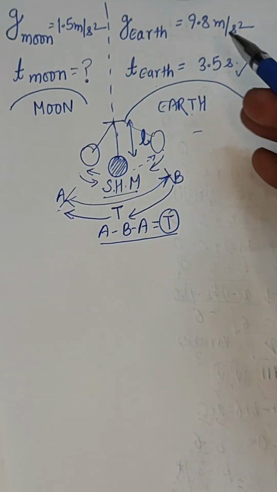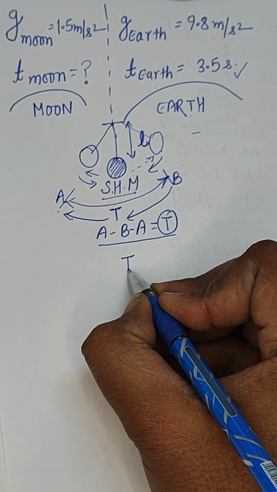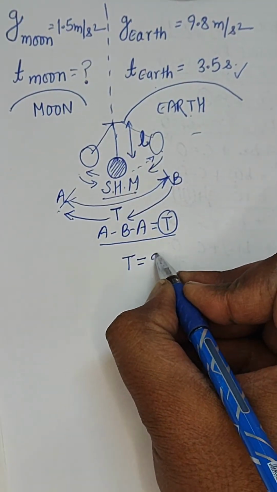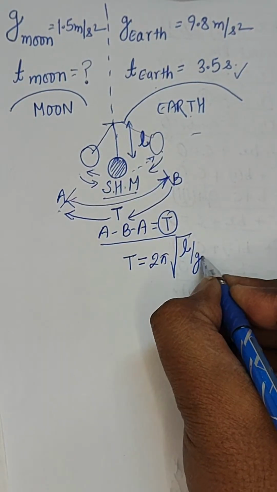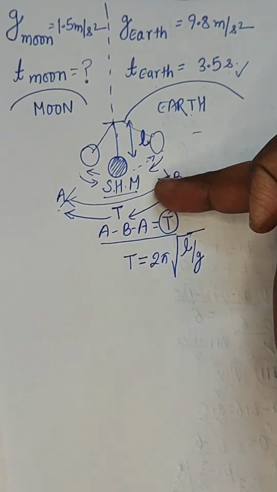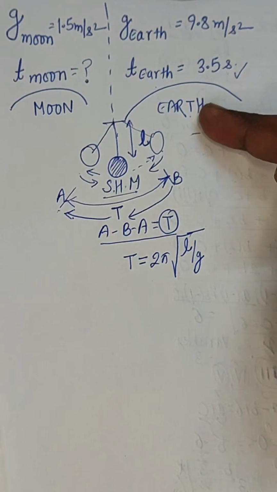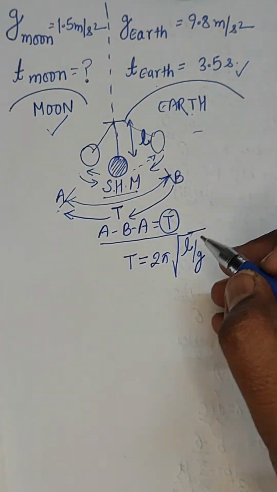Now we know the formula of time period of oscillation of a simple pendulum. This is 2 pi root over L by g. Now my dear friends, if this pendulum is exhibiting SHM on earth and the same pendulum is exhibiting SHM on moon, then what are the factors?